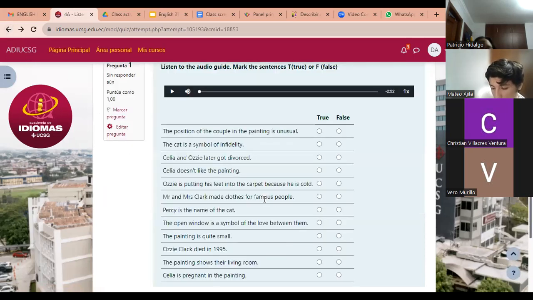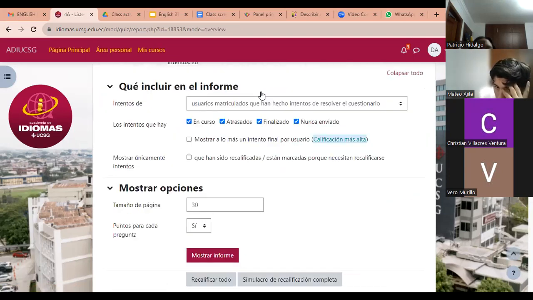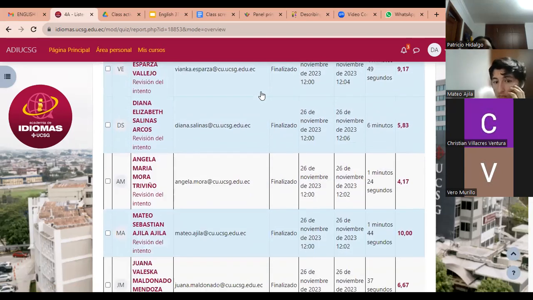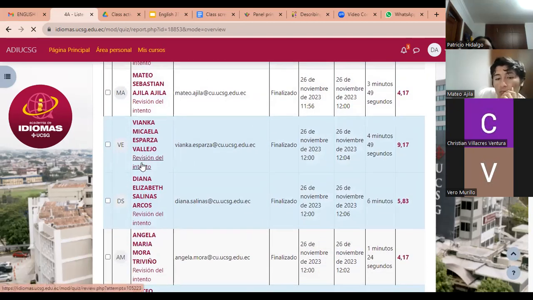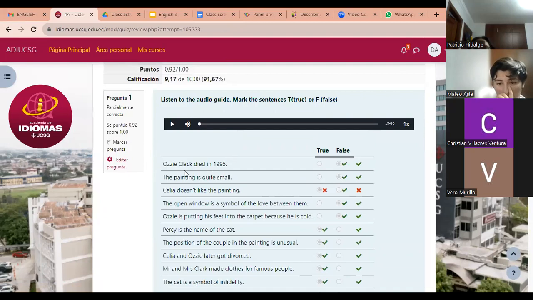I think this is how the questions are shown in this part of the platform, right? But I think every time you try, they are not in the same order, right? Sí, cambia el orden, pero maybe, no.